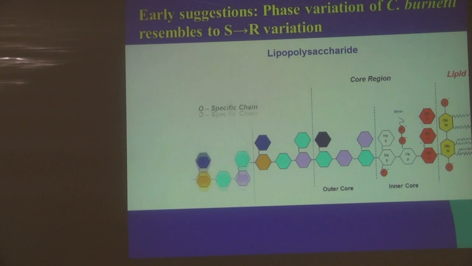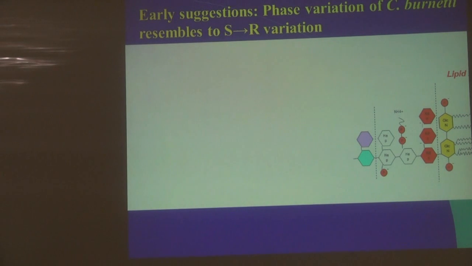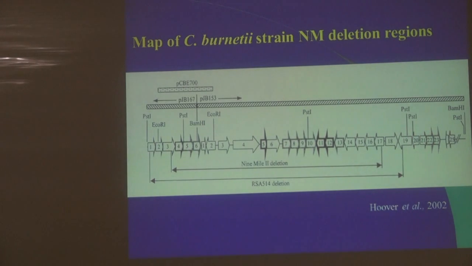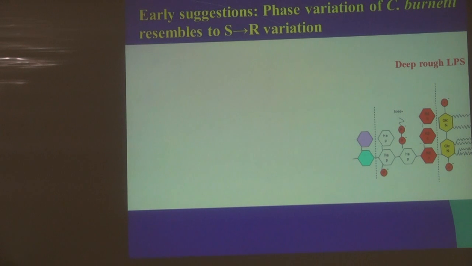The O-specific chain is degraded here, and then at the end you end up with deep rough LPS 2, which I showed on the previous slide.